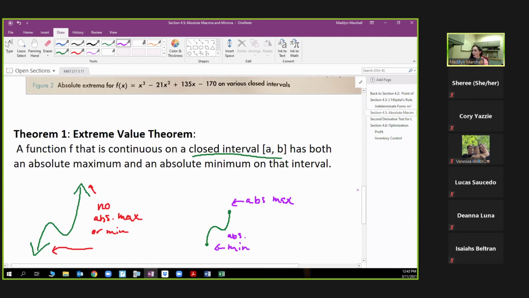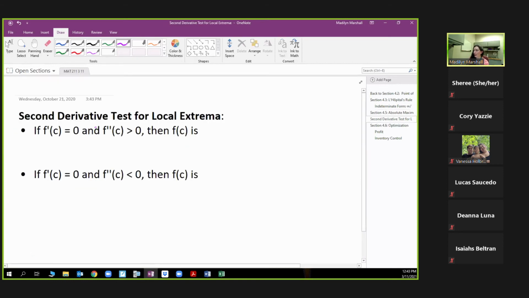The rule or test that I want to highlight from this section is unrelated to the, well, it is related, but is actually about local extrema, and that's the second derivative test for local extrema. This is in the book on page 297 as well.